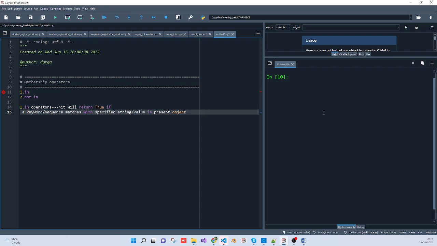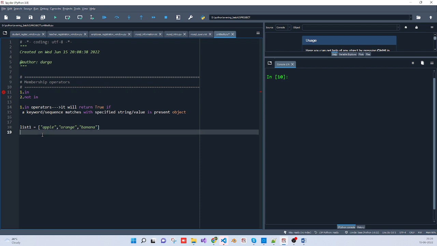I will show you an example so that you will understand very easily. Suppose I am taking one list called list one. List one is equal to apple, orange, banana.